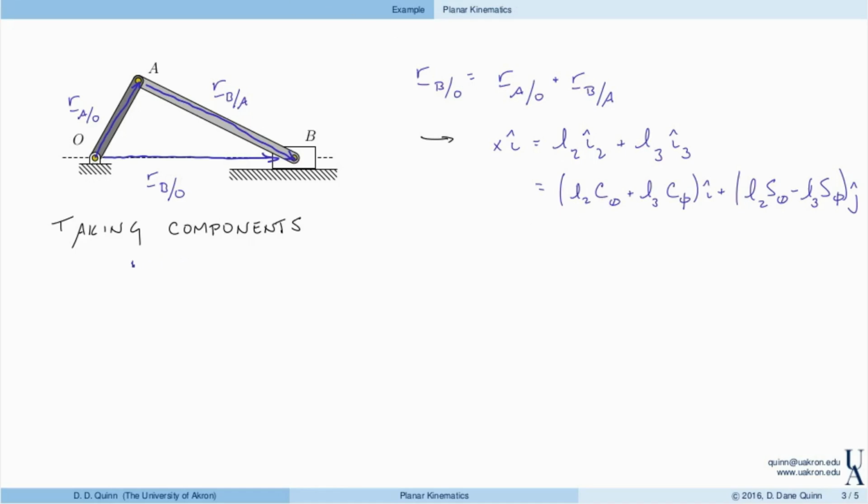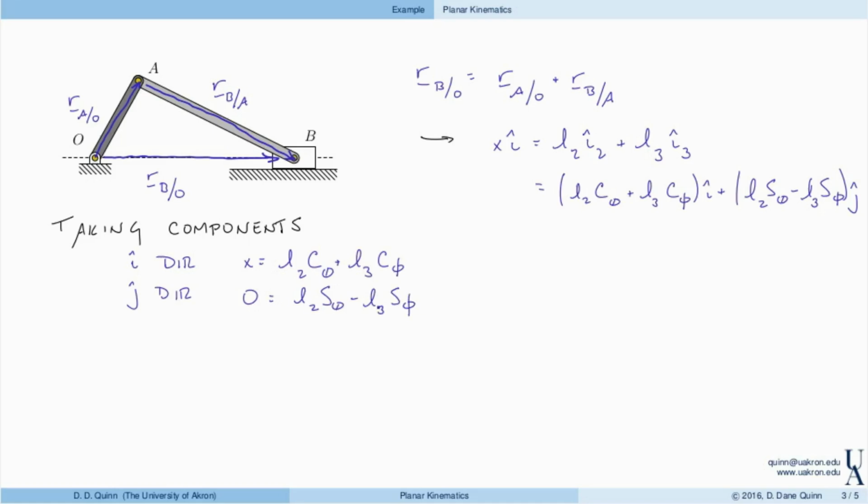In the I direction, we find that x is equal to L2 cosine of theta plus L3 cosine of phi, and in the j direction, 0 is L2 sine of theta minus L3 sine of phi.